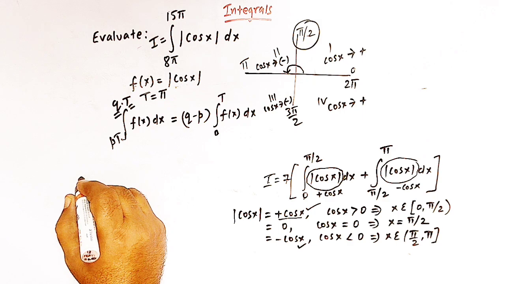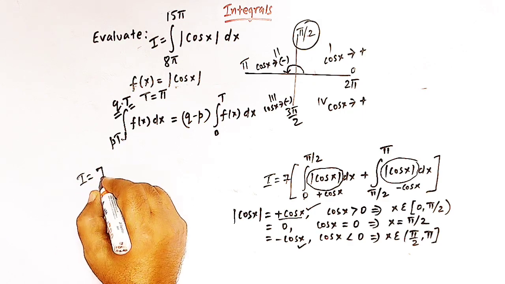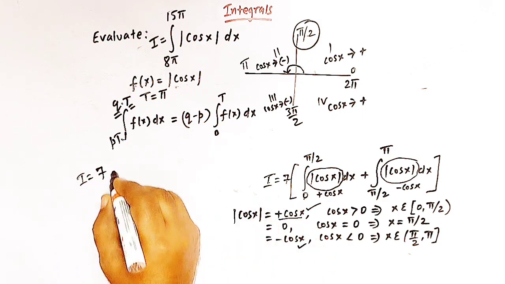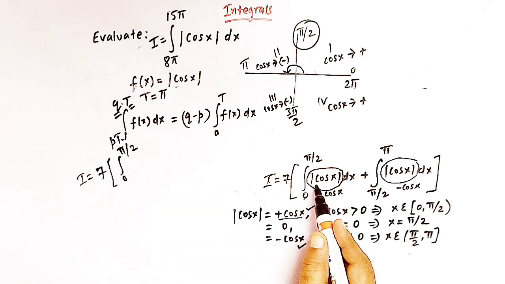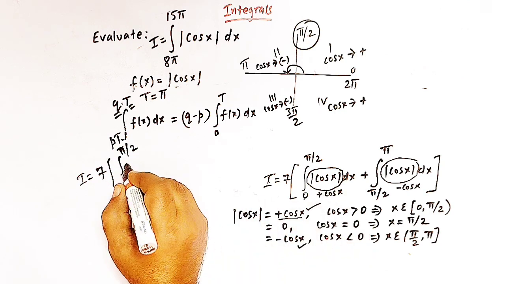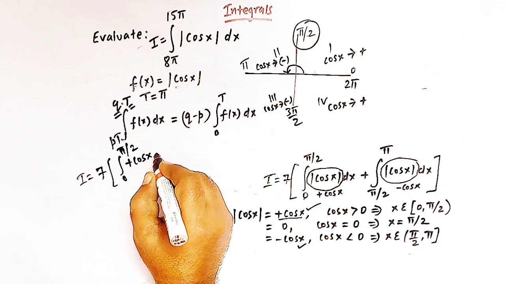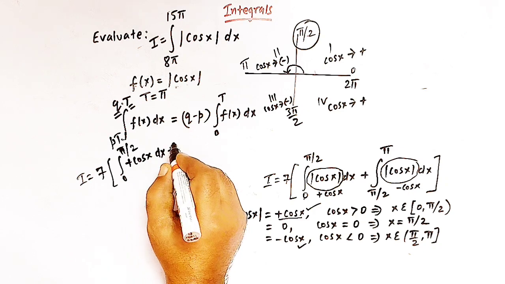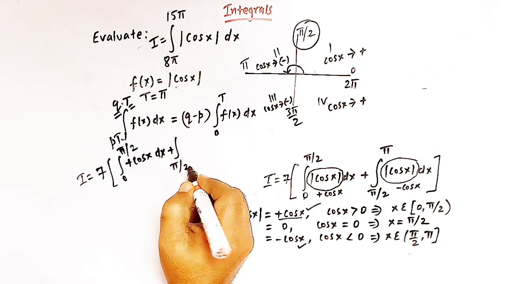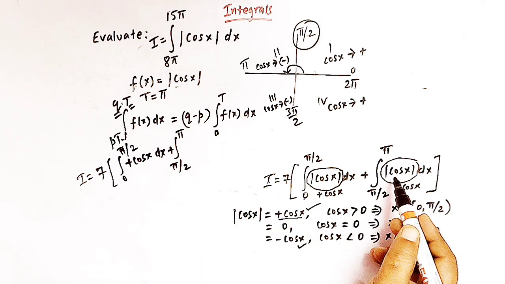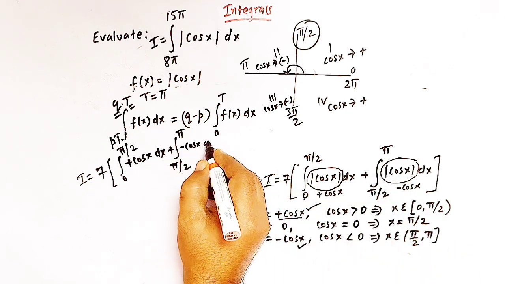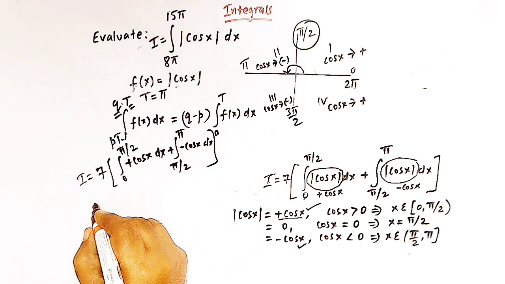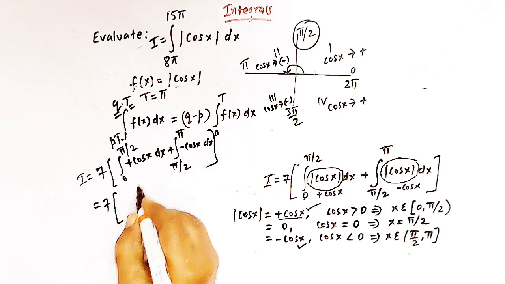So now let us write the integral I as here we have 7, then we have 0 to pi by 2, and mod of cos x is positive cos x dx, and then we have pi by 2 to pi, and here a mod of cos x is negative cos x and dx, right? So now we have two simple integrals here.